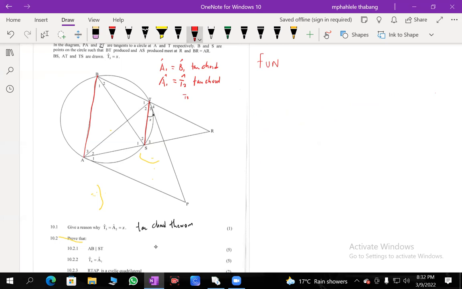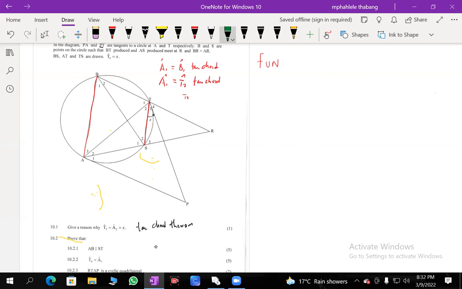So we must look for the angles which can make up a pair. Okay, I get you. When we have parallel lines, we know that alternate angles of parallel lines are equal.